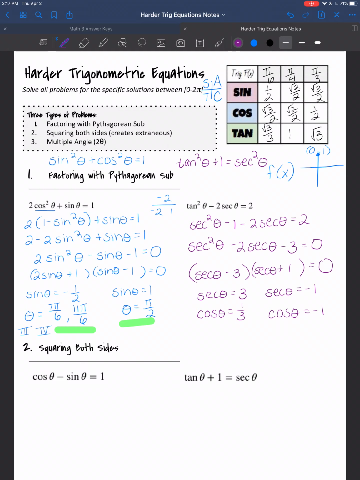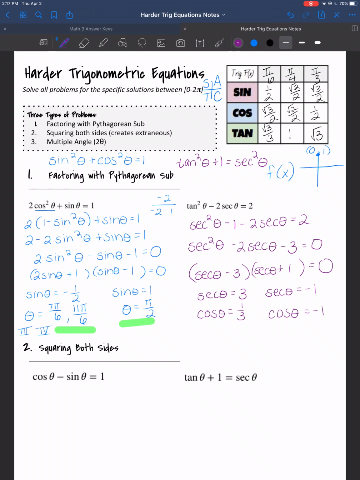Now, cosine theta equals 1/3. 1/3 is not on the unit circle, but 1/3 is less than 1, so this is still possible. If you have your calculator handy, and if you don't, you could always Google, you're actually going to use the inverse trig function, so inverse cosine, and type in 1/3.